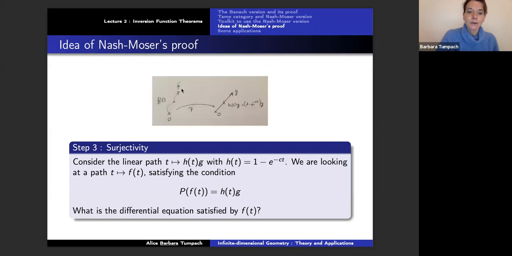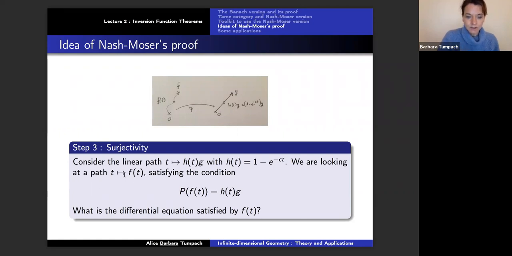Okay, and now we want to understand what kind of differential equation is satisfied by F_t. So let me be more precise.